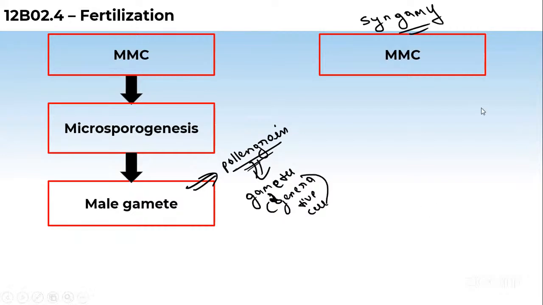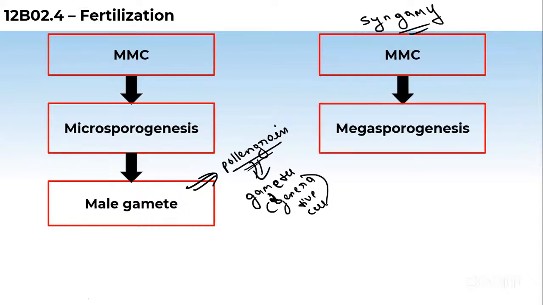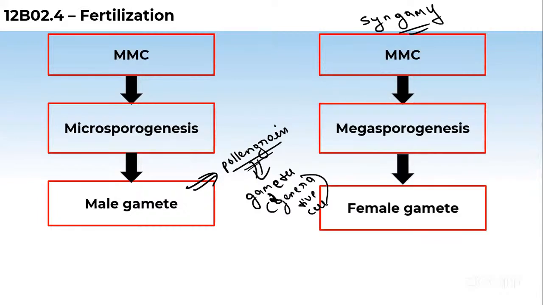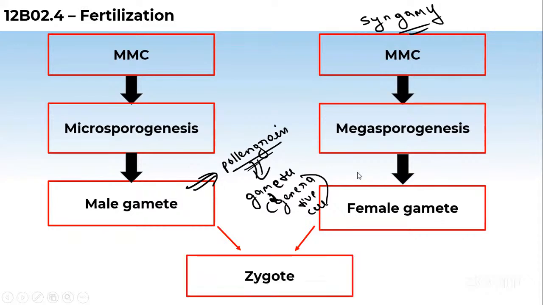Now let us go to the female. The megaspore mother cell undergoes megasporogenesis. Then it gives the embryo sac, the female gametophyte. The female gametophyte we call the embryo sac.